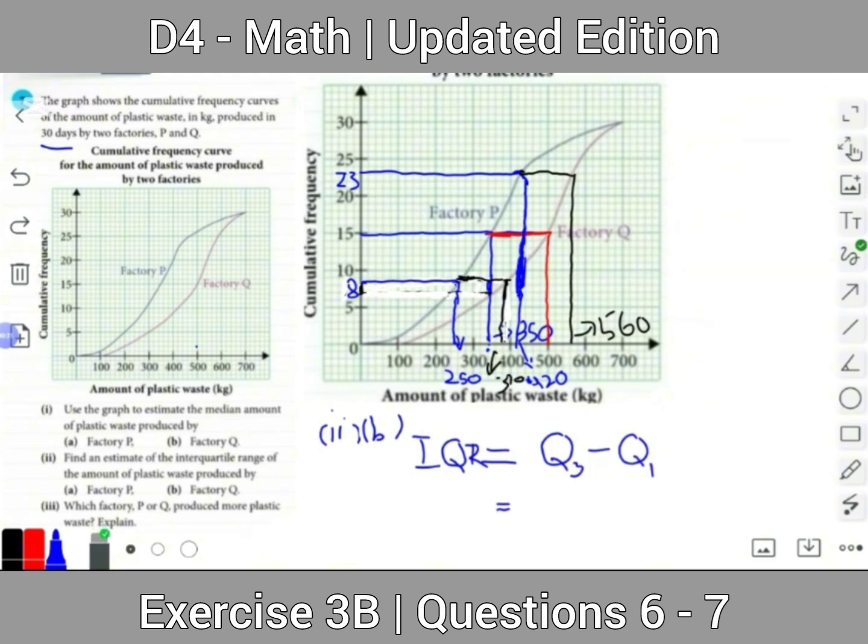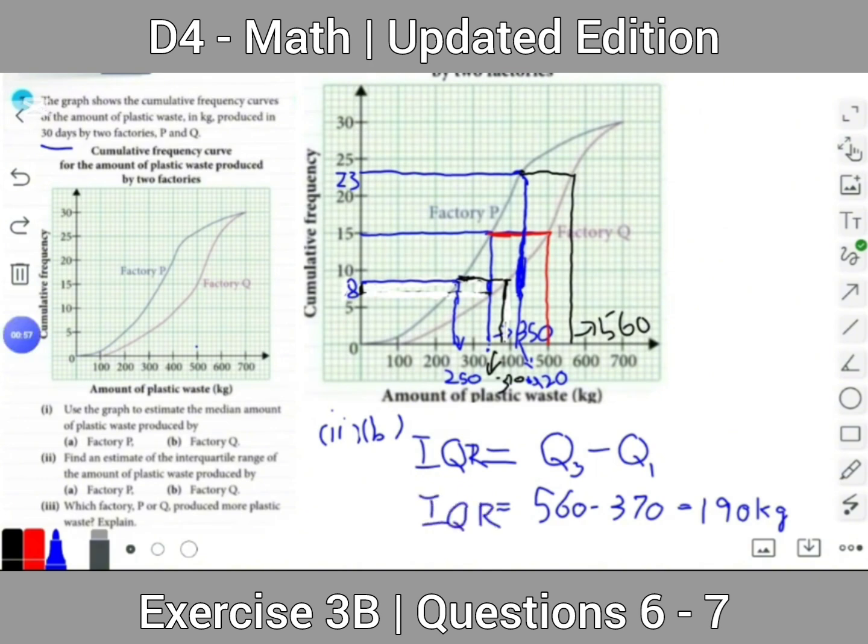So Q3 was 560 and Q1 was 370. So 560 minus 370 gives us 190 kgs. So an estimate of the interquartile range of the amount of plastic waste produced by factory Q is equal to 190 kgs.